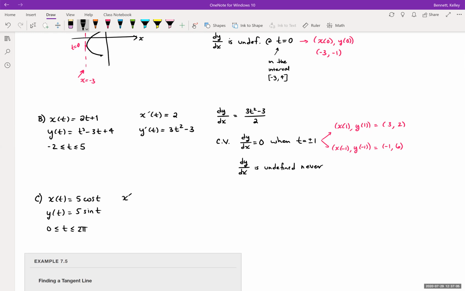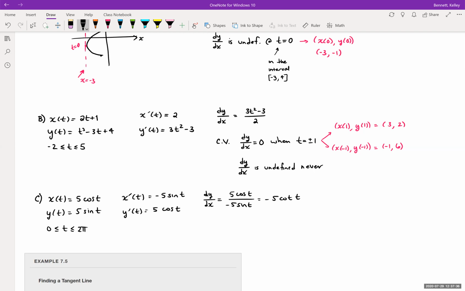So again, just going to compute x prime, which is -5 sine t, y prime 5 cosine t, so I'll get dy dx as 5 cosine t over -5 sine t, which is -5 cotangent t.